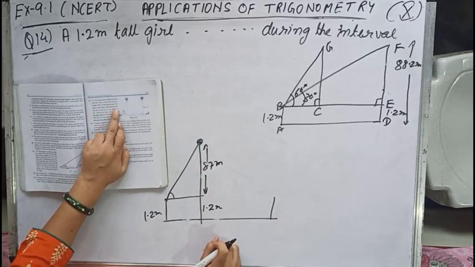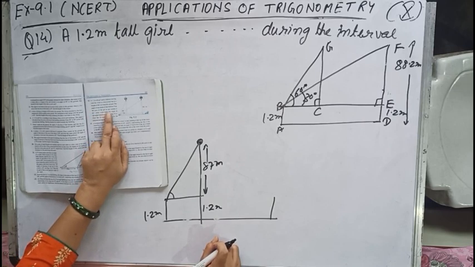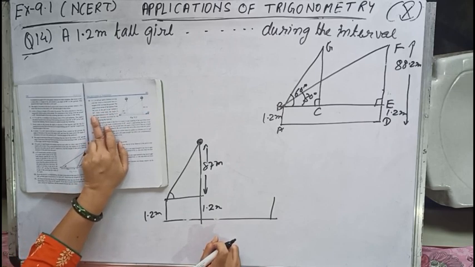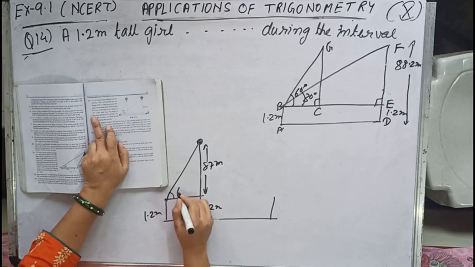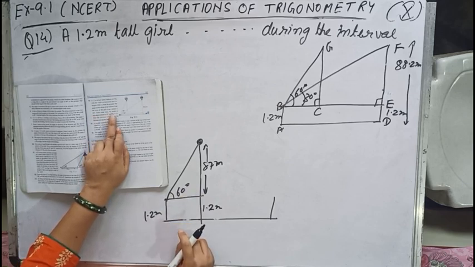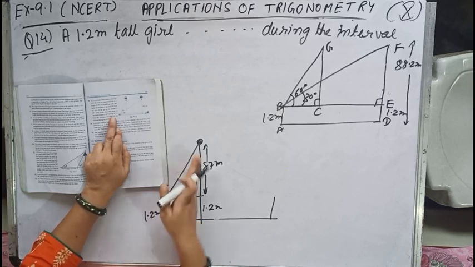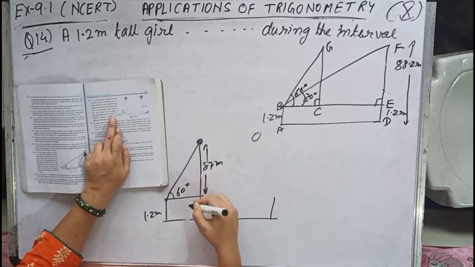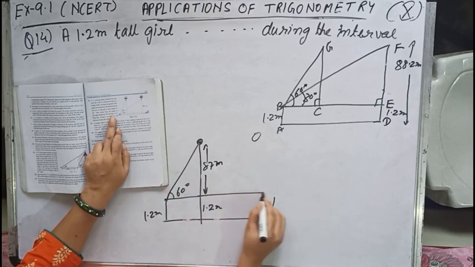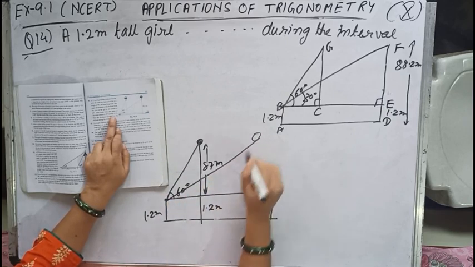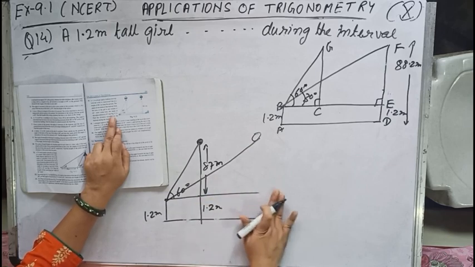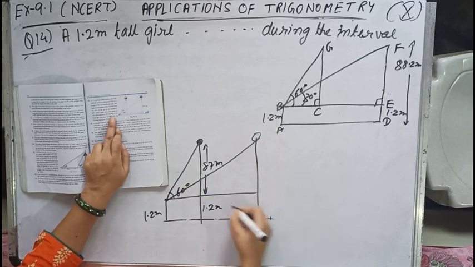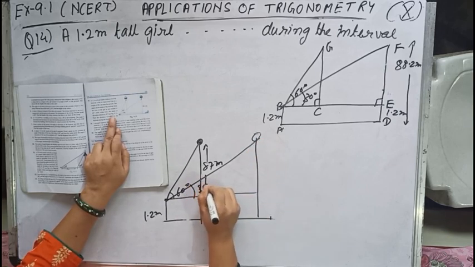The angle of elevation of the balloon from the eyes of the girl at any instant is 60 degree. So this angle is given as 60 degree. After some time the angle of elevation reduces to 30 degree. So when the balloon travels a distance, suppose it goes over here, then the angle of elevation from the eyes of this girl changes from 60 to 30 degree.